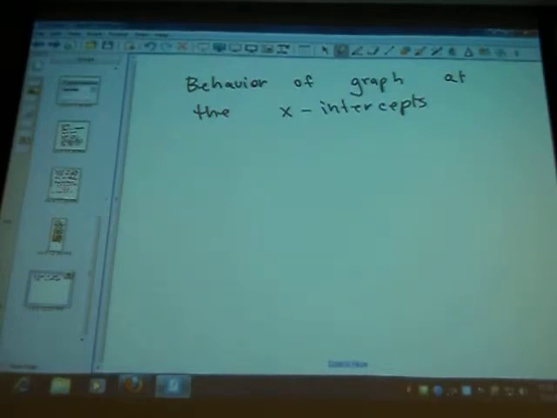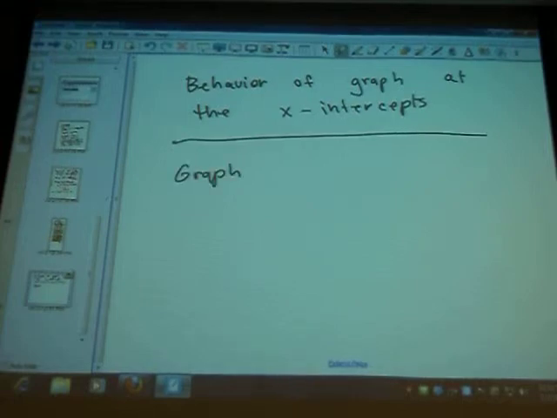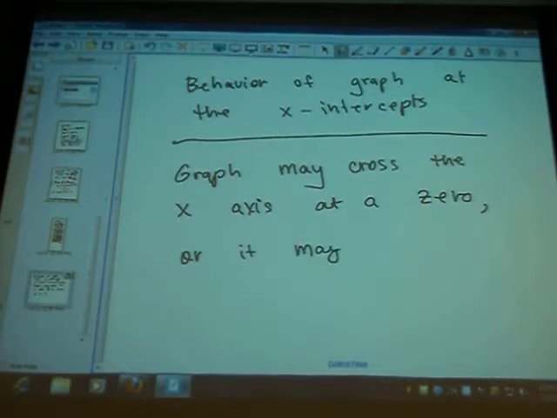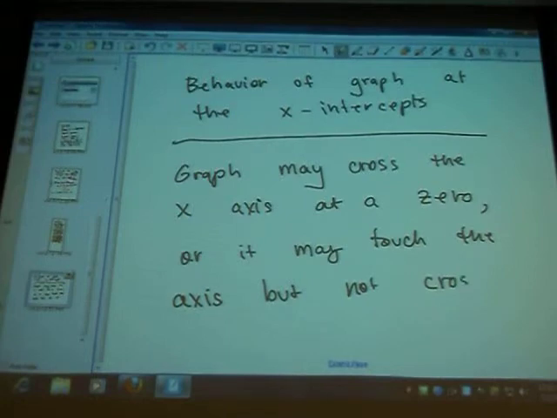Okay, one more thing we need to talk about, and that's behavior at the x-intercept. The graph may either cross the axis or touch the x-axis but not cross it.